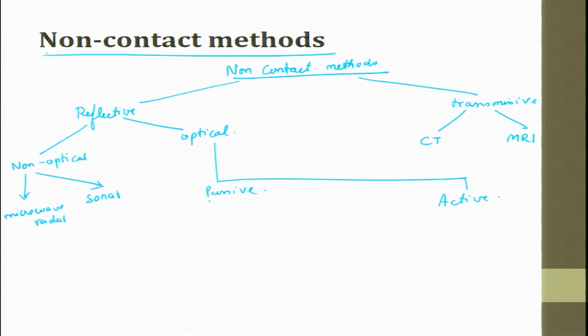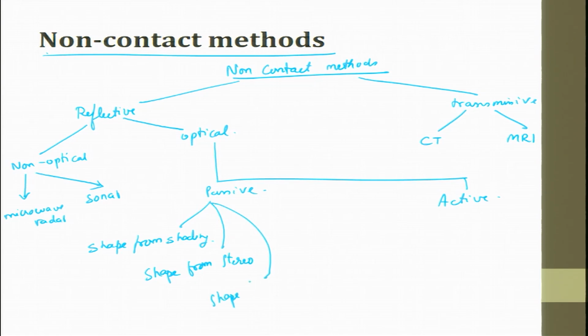Okay. In passive, you can have shape from shading. Then you can have shape from stereo, you can have shape from focus, you can have shape from motion.